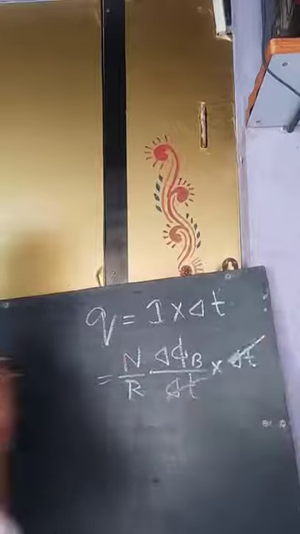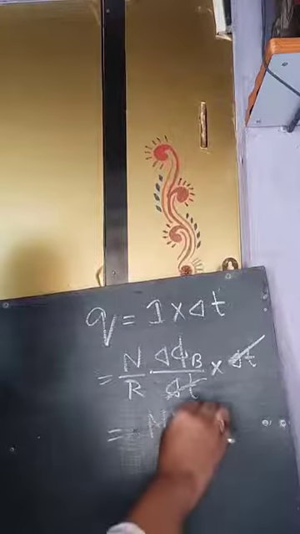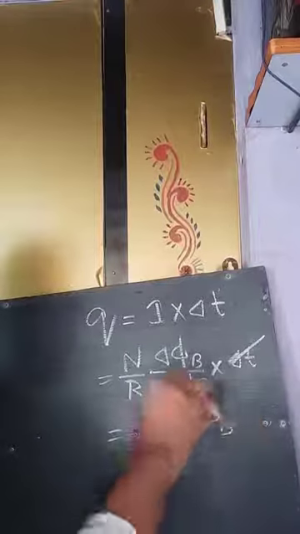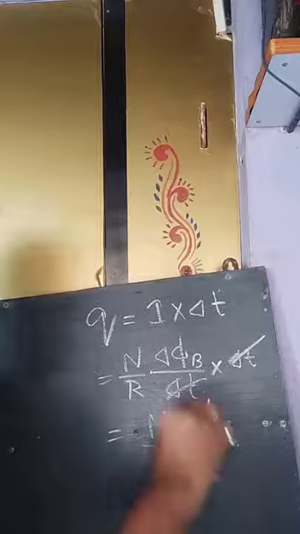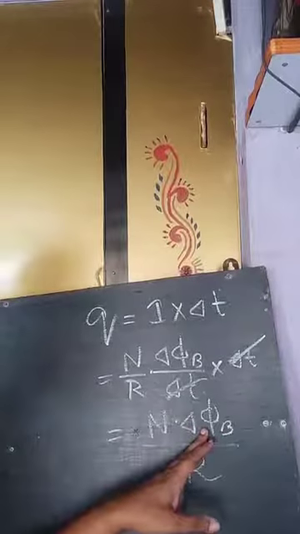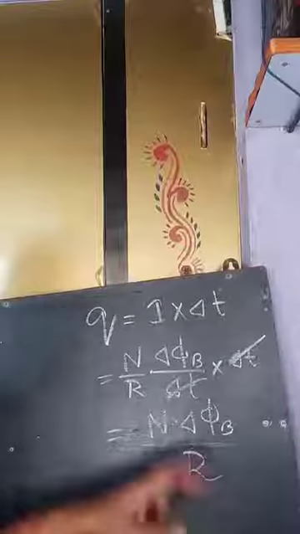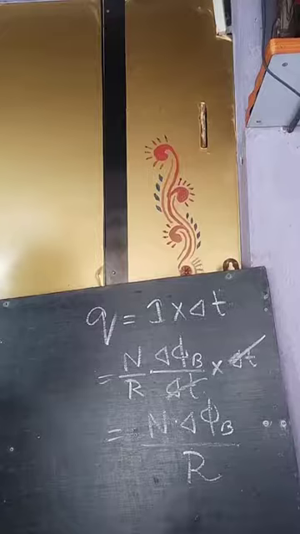So delta t will be cancelled out, and the equation becomes Q equal to N into change of magnetic flux by R. Please be careful here, only the change of magnetic flux is considered, not the rate of change of magnetic flux, as the time is cancelled out.